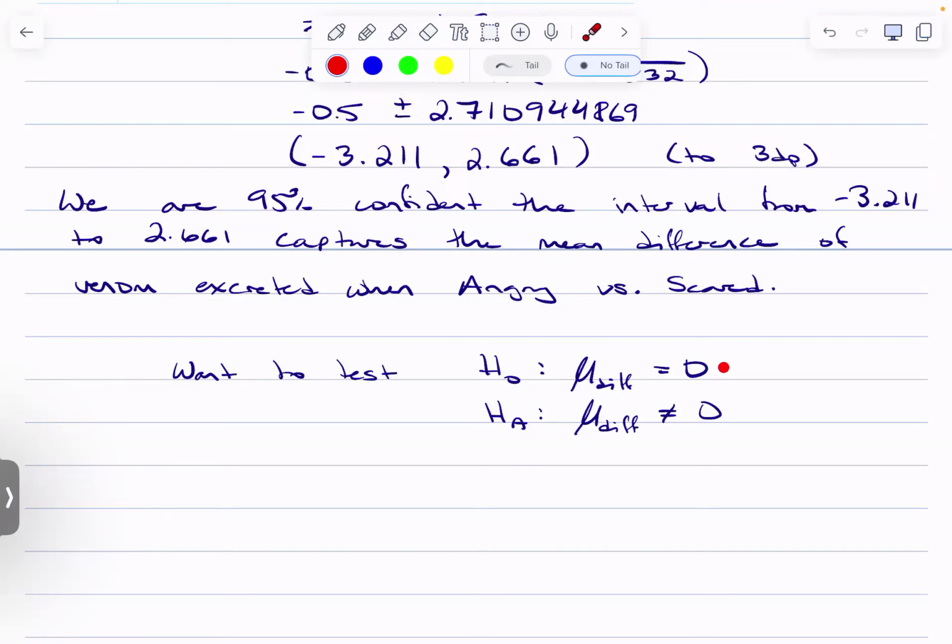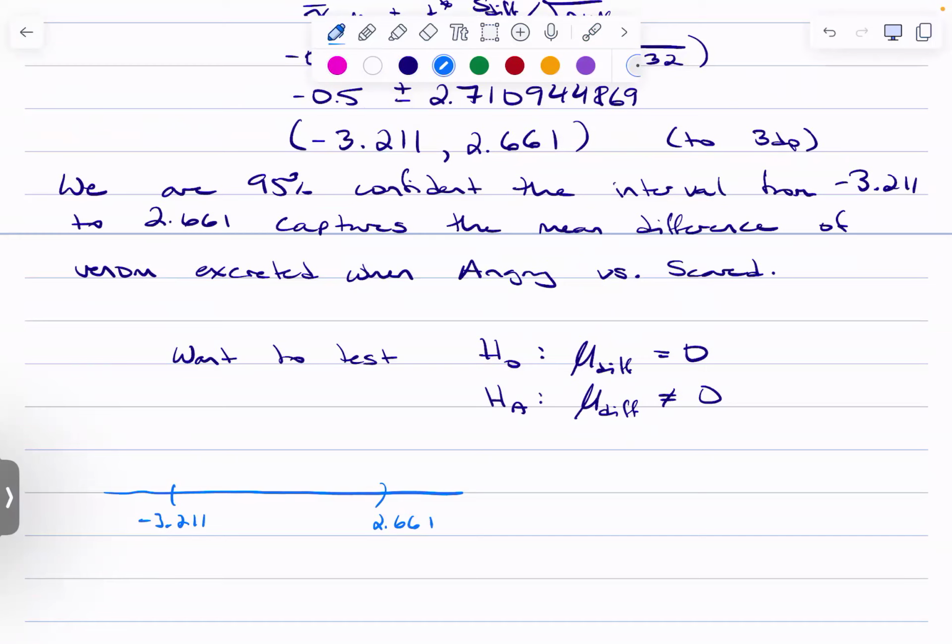And when we did it in the past, I kind of drew a number line like this, and I put my confidence interval on it just so I could look at it. And then I could say, hey, 0 would be somewhere here. That just means that there's no evidence against H naught.